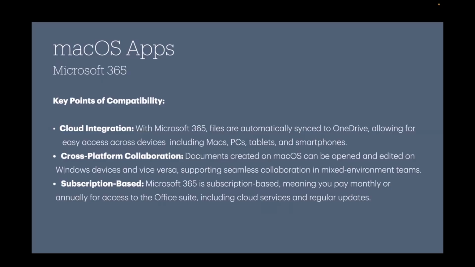And it is also subscription-based, meaning you pay monthly or annually for access to the Office suite, including cloud services and regular updates. If you have a subscription to Microsoft 365, it's available to users on 6 different devices. So if you happen to have a Mac in the mix, you can also use one of those licenses for your Mac computer.